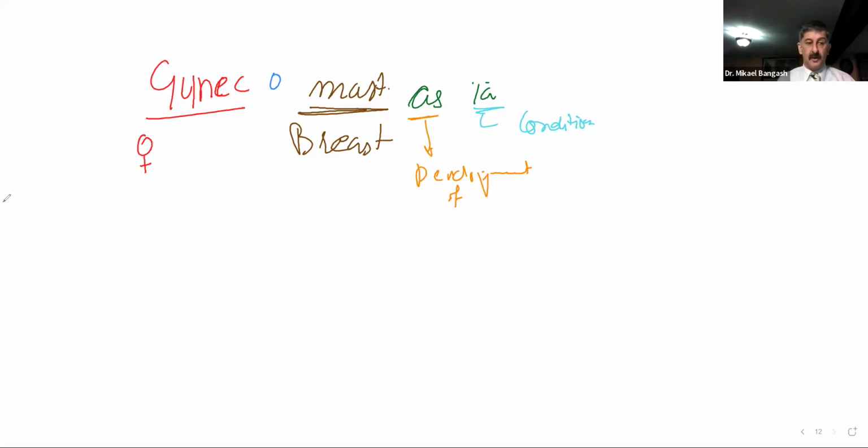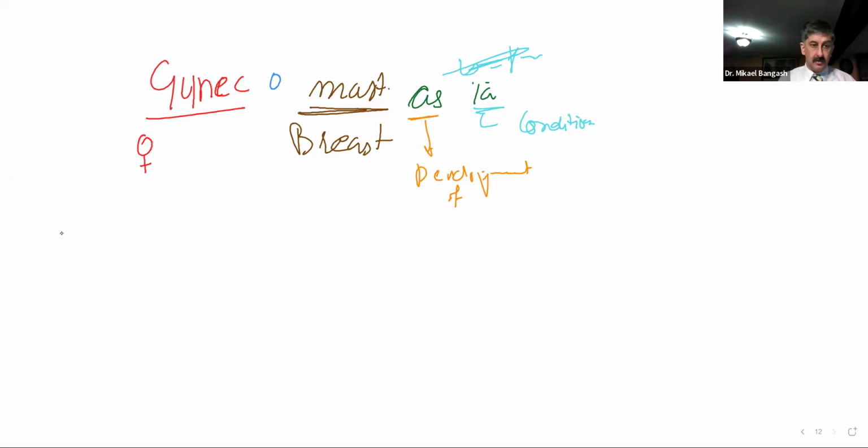If that was the case, it would have been like this instead of ia, because then it becomes a process, right? So where in the blue is it that this gynecomastia is?